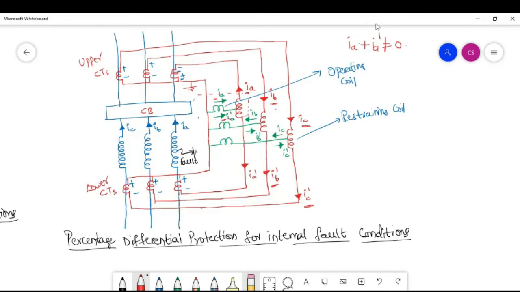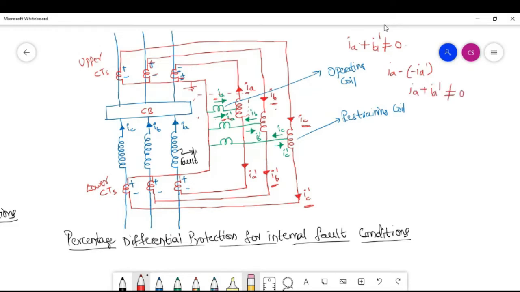For example, if the fault is on phase B, then these terminals will not get reversed. Only these respective terminals will get reversed. When these terminals are reversing, the current direction is also reversed. In the previous case we got IA minus IA dash, but this time IA dash is also getting a minus. Therefore you get IA minus of minus IA dash, that is IA plus IA dash.